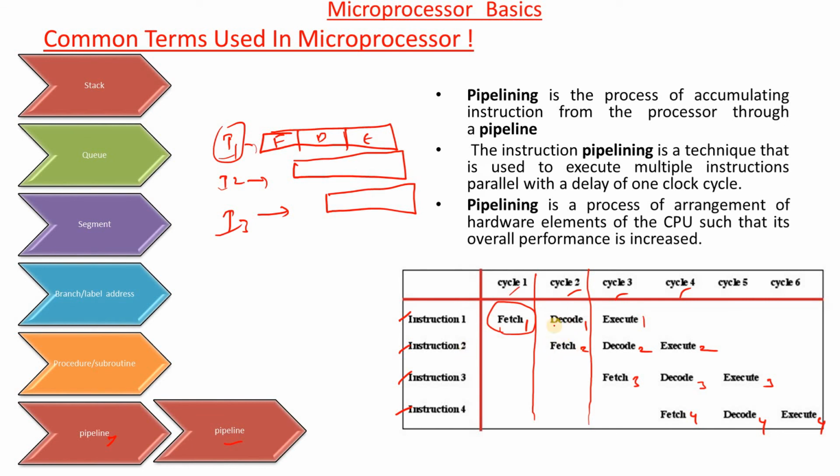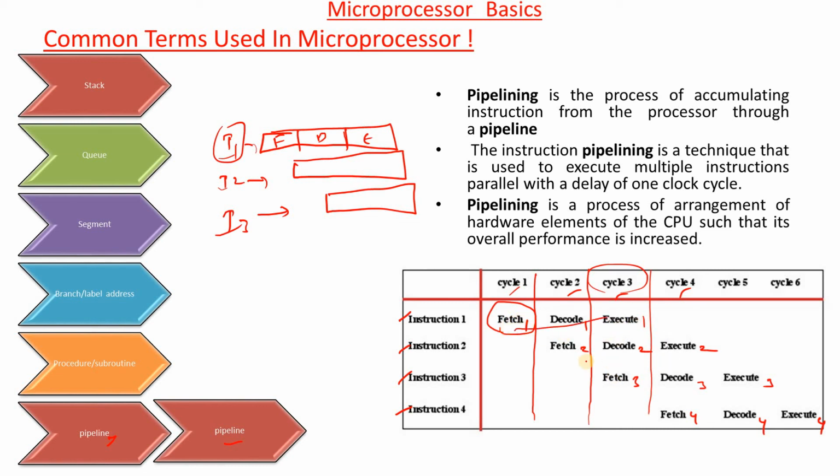At a time we are performing 2 cycles. In cycle 3, we see execute instruction 1, decode instruction 2 and fetch instruction 3. That means at a time we are executing 3 cycles. In the first case only 1 cycle is executed.